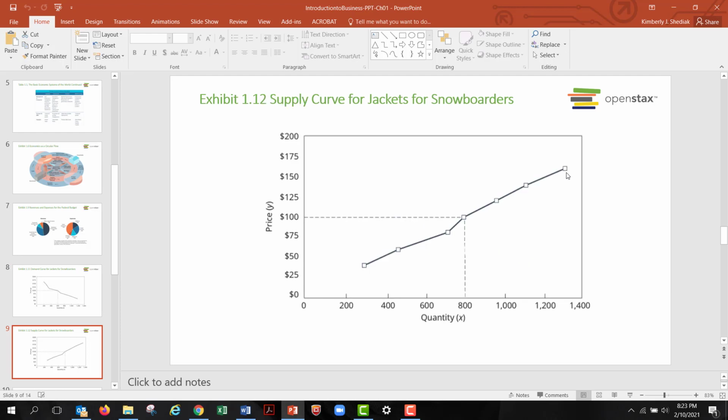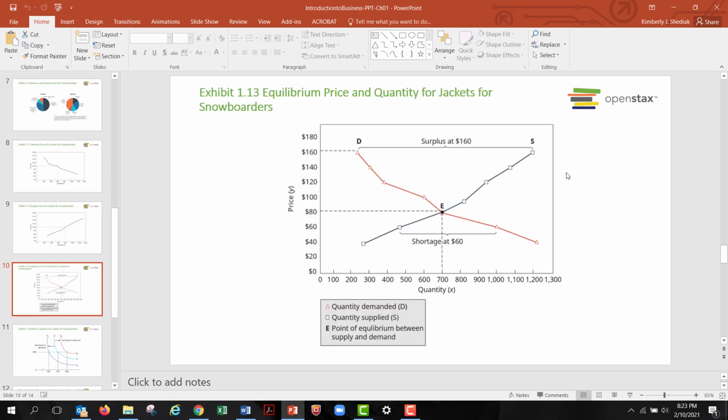And on the flip side, the supply curve for jackets for snowboarders. So now again, we see price and quantity. And here is the equilibrium price and quantity for jackets for snowboarders.